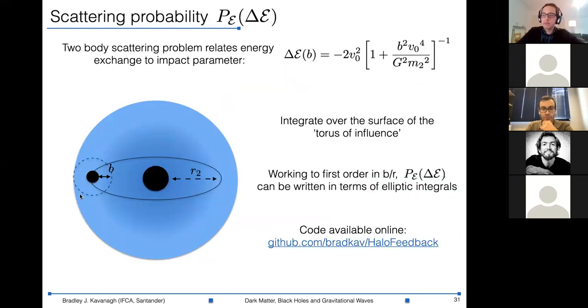If you imagine this small compact object, yes, it has a sphere of influence, but over one orbit it traces out a circle, and so essentially it's lots of spheres of influence added together to create a torus of influence. Oh, I see. I thought it would be a small torus around the small black hole, but that makes sense. Thank you. Yes, sorry about that, it's very confusing. I did more geometry for this paper than I was expecting.